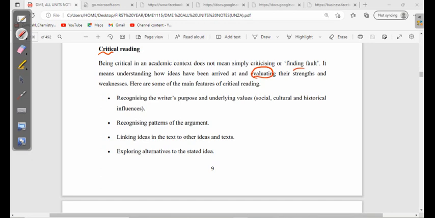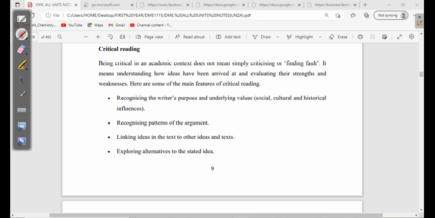Just like when you are in church, listening to a man of God, it's not that because he is a man of God, you need to just accept everything they say. Some might quote a verse and quote it wrongly, so it doesn't mean that you cannot go and check in your Bible. That is the importance of critical reading. You get to evaluate some weaknesses of the text that has been presented.